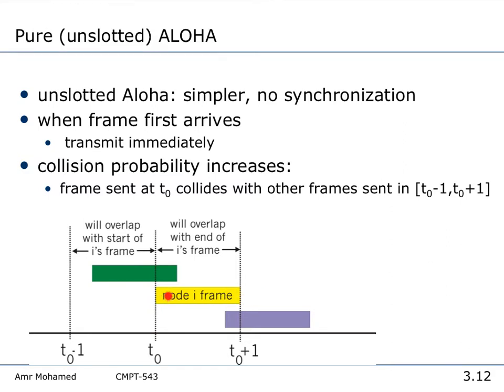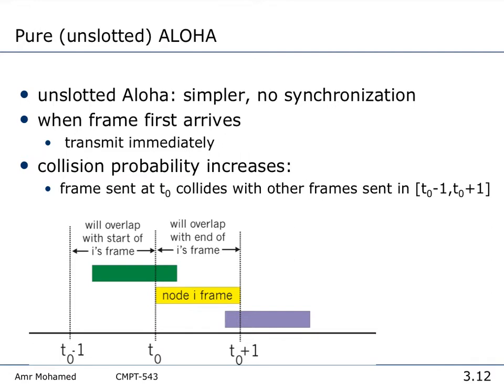So if a node sends at any time from t0 minus 1 to time t0, remember it's free, the nodes can send at any point in time, this will overlap, which means a collision.